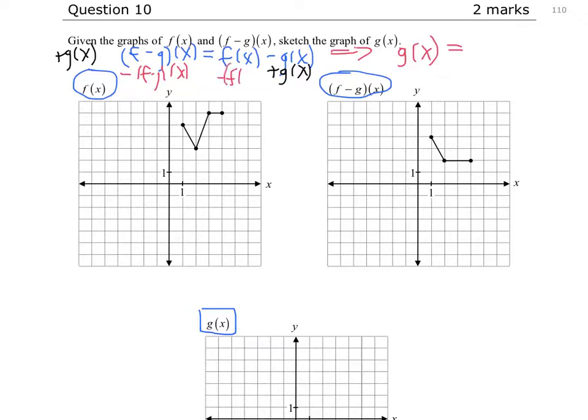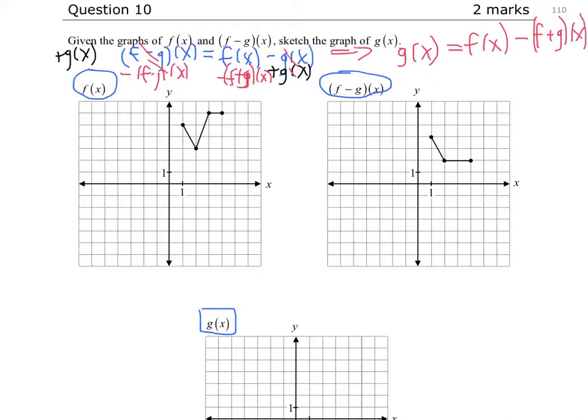So, f minus g of x. So, essentially my equation will become g of x equals f of x subtract f plus g of x.